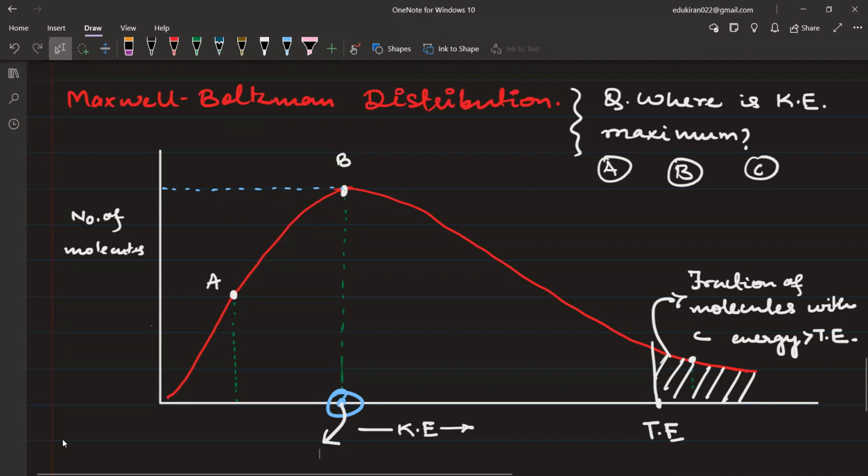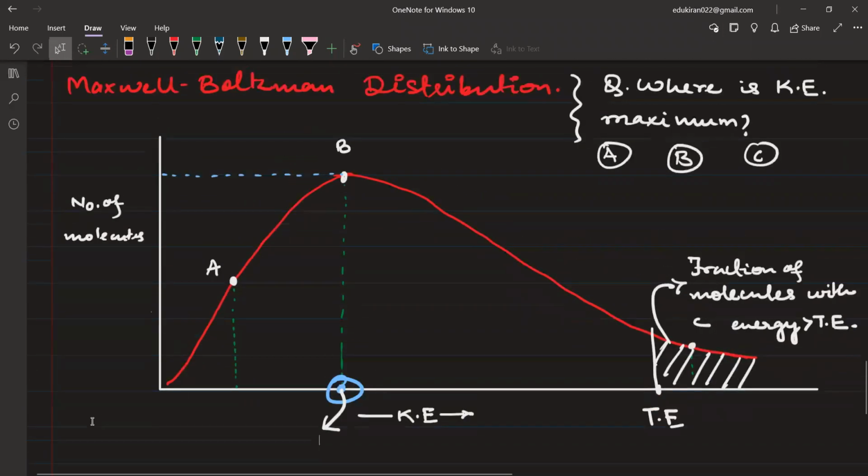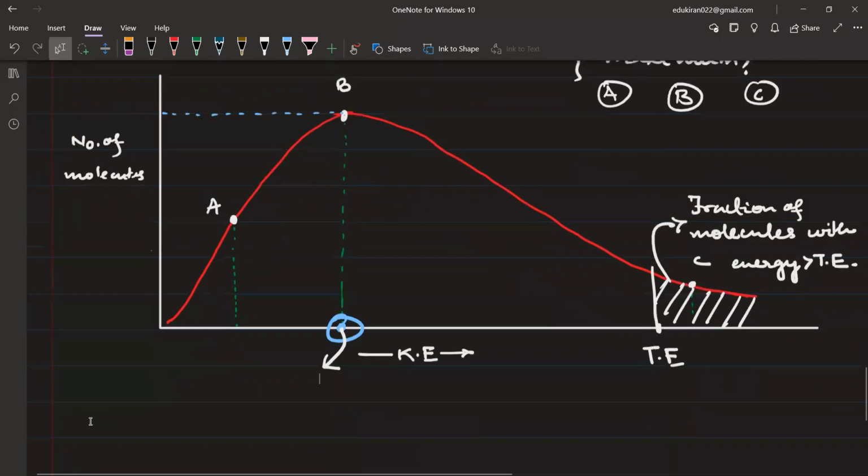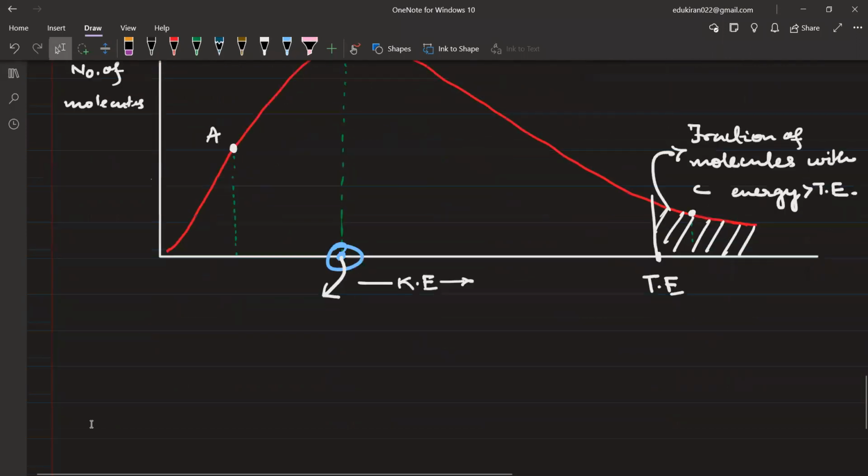Done. Sir, after the graph, do you have to draw all these markings at A, B? No, nothing like ABC, just do this, fraction of molecules with that, that's all.